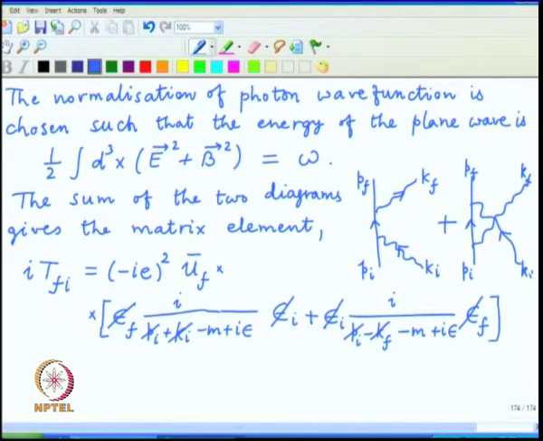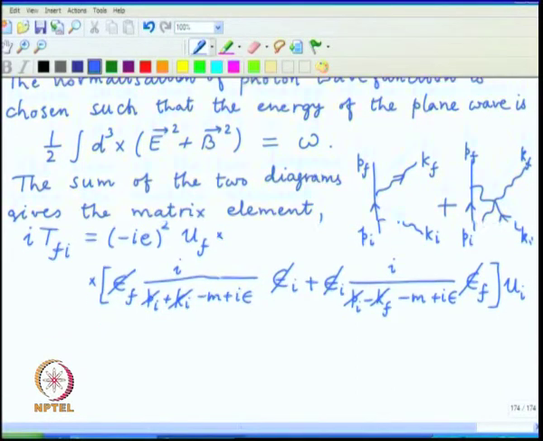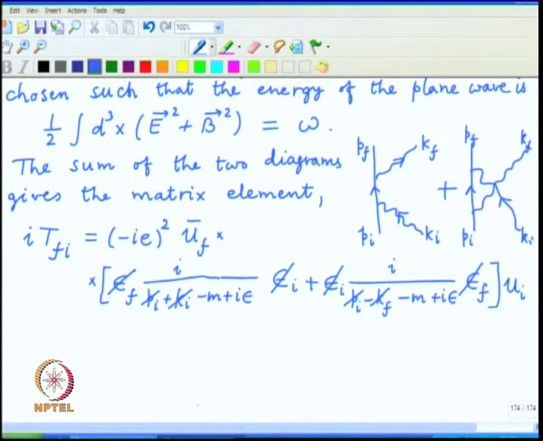So, that now gives the sum of the two diagrams, and then the last wave function, the electron, which is u_i. So, this is the structure which emerges after using all the Feynman rules, and it gives the matrix element. We of course have to use all the normalizations for the various wave functions and fluxes when we convert this to the cross section, but that will be done in the next step.